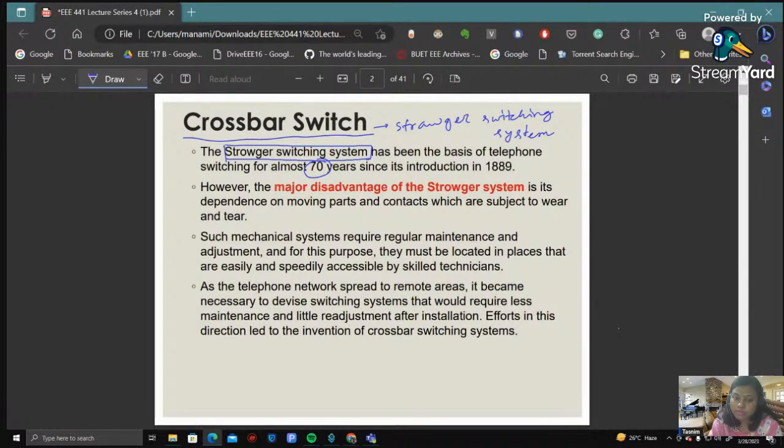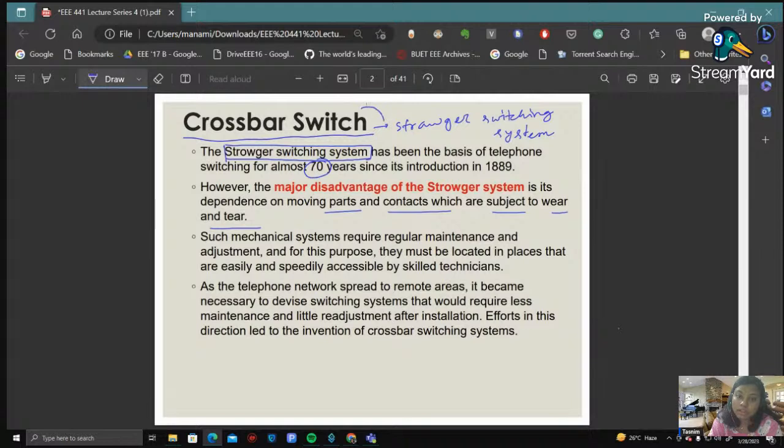However, the major disadvantage of the Strowger system is its dependence on moving parts and contacts which are subject to wear and tear. Such mechanical systems require regular maintenance and adjustment.